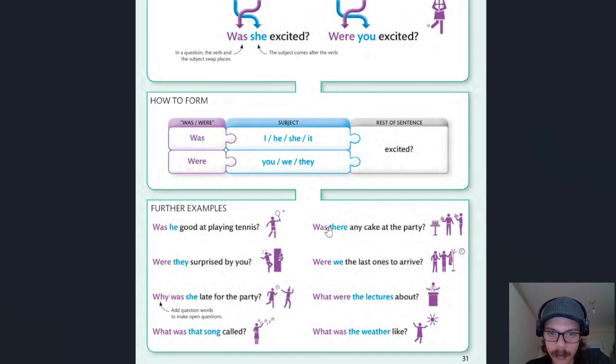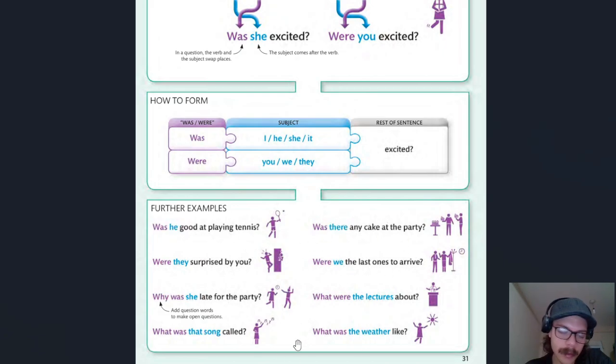Okay, so the four questions here at the beginning are the same as before. Start with the verb be, was, were, and then you have the person, okay, he, they, there, we, and then the rest of the sentence.